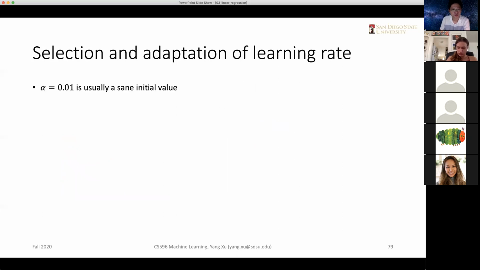Speaking of the learning rates, there's one technique to adapt the learning rate value. Initially, an alpha of 0.01 can be a reasonable initial value, but I don't know if this is still true, since models become larger and larger, and it really depends on the task and on the model.